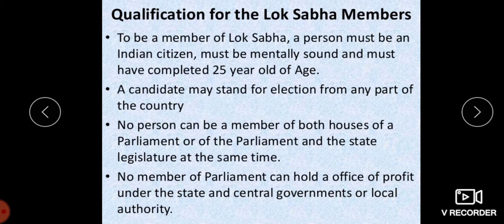As there is a qualification, a person can also be disqualified from being chosen as a member of either house of the parliament. It might be of the Rajya Sabha or the Lok Sabha. We studied this yesterday in the Rajya Sabha. Let us see.